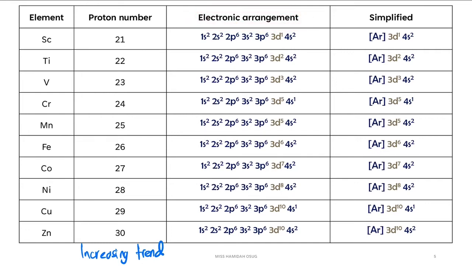Okay? So when we write the electronic arrangement of each element, we can see that the number of shell of all element is the same, which is 4. And most of the electron is being added to the 3D orbital.